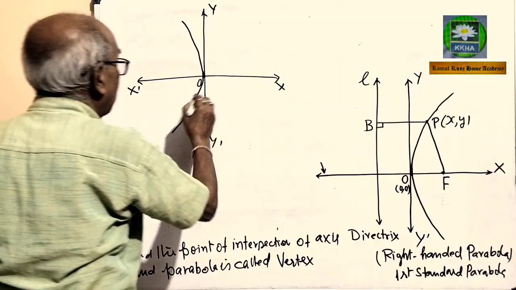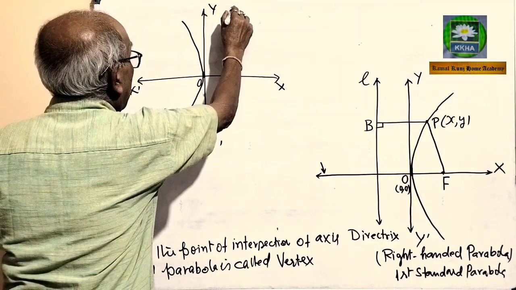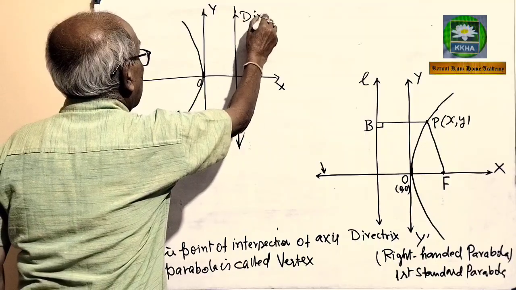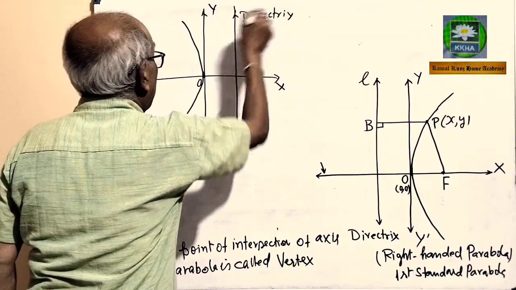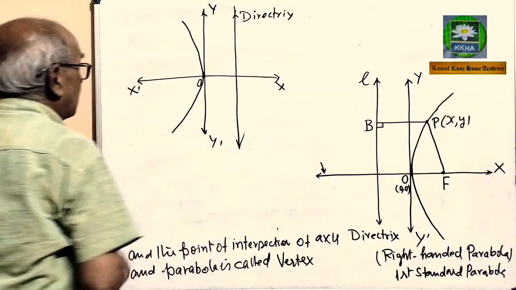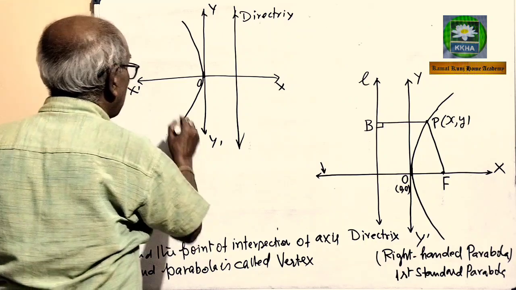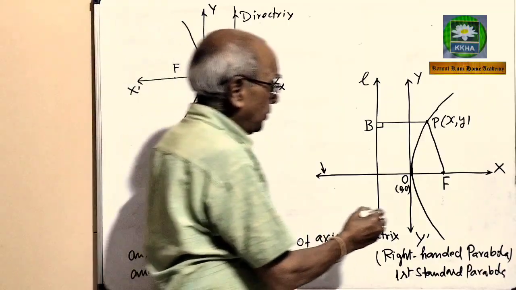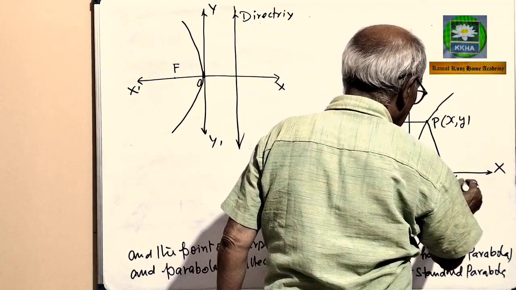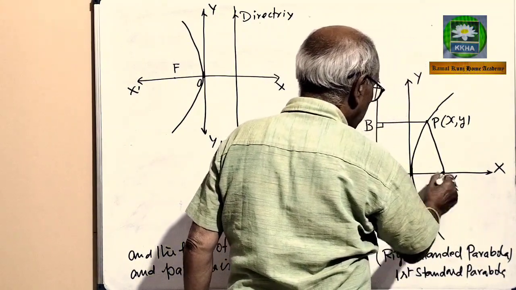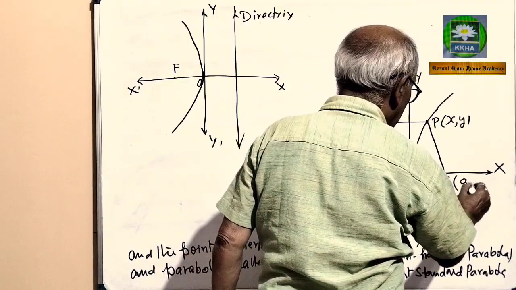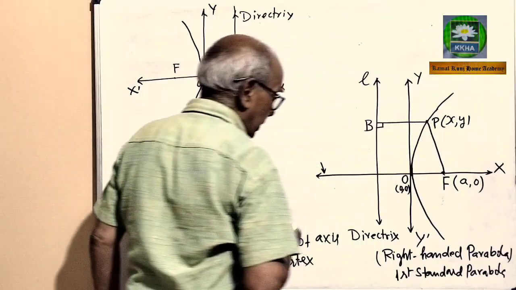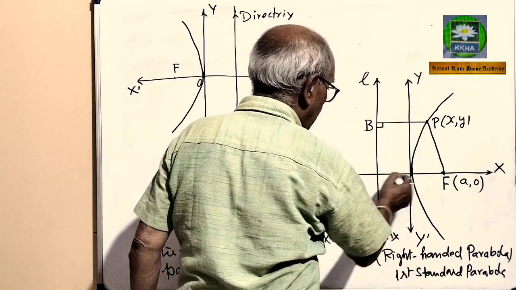So this is the directrix, and this is the focus. Suppose this distance OF is a, then the coordinates of focus will be (a, 0), and this distance is also a.